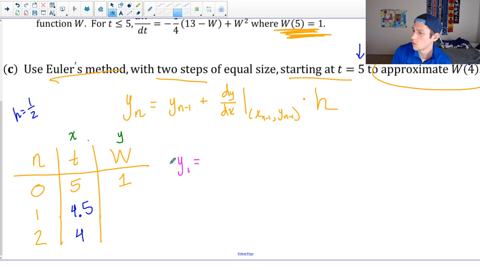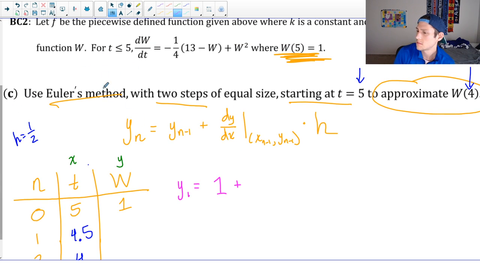So y0 in this case, my first y value, is 1, plus dy dx, which in our case is dw dt. Again, t is basically like x, and w we're treating as y. So whenever I have dy dx in this original equation, I'm referencing dw dt.